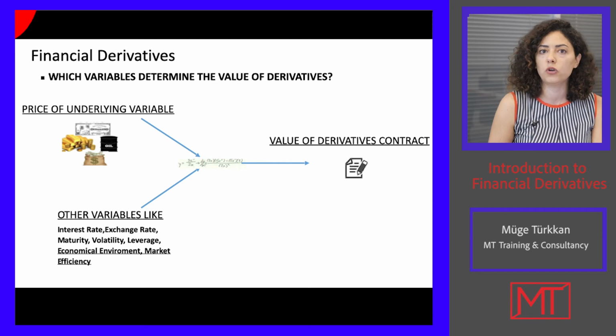LTCM hedge fund, Long-Term Capital Management, was established by some economists, and within those economists, there were two important names, Fisher Black and Myron Scholes. Those economists developed the option pricing model of Black, Scholes and Merton. Also, there was Robert Merton with them. And that model was awarded the Nobel Economics Prize.